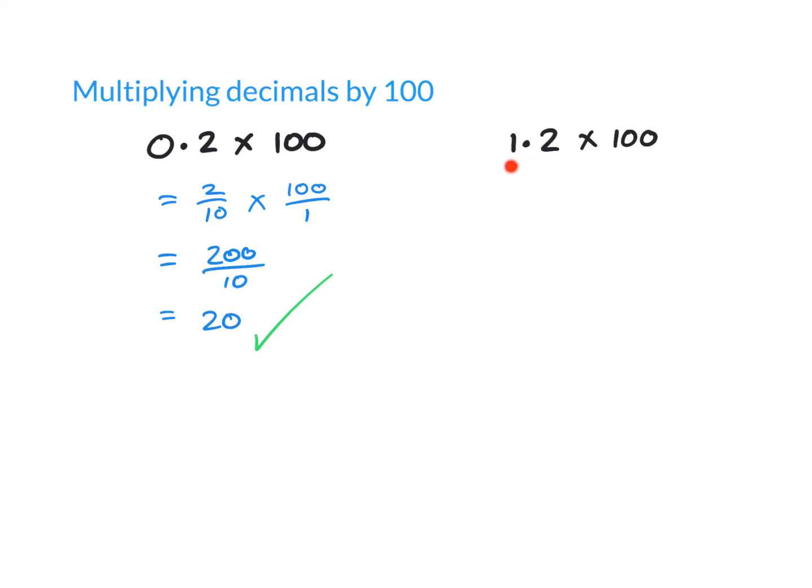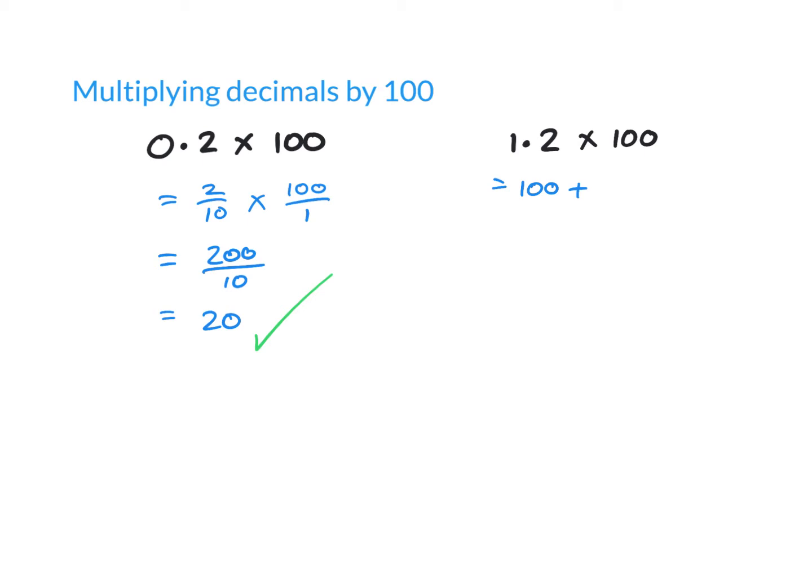Right, so what happens if we want to multiply a whole number, which is 1.2 multiplied by 100? What do we want to do? Basically, we just split up this little decimal, and we say, well, 1 multiplied by 100 gives me 100. So I'll just write that in. So that's 100 plus what is 0.2 multiplied by 100? Well, we've just done it over here.